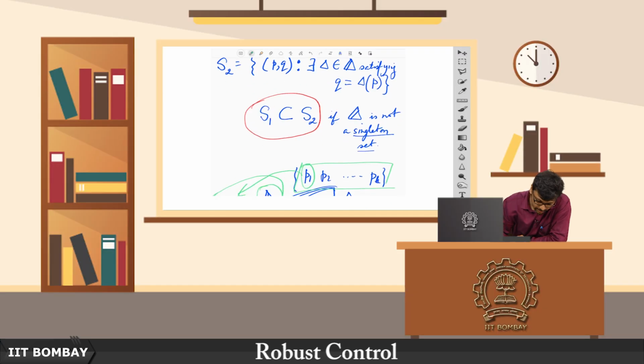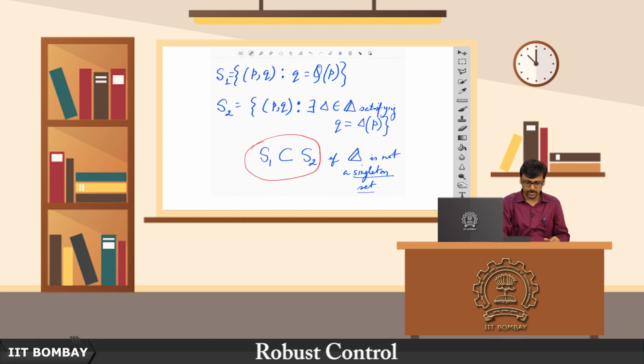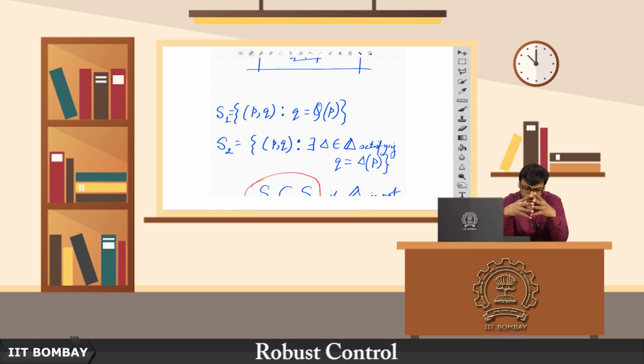I hope that point is at least clear, and this is very interesting because now if any property holds for all possible input output pairs in the set S2, listen very carefully, it must therefore also be true of every possible input output pair in S1, because after all S1 is a subset of S2, right.